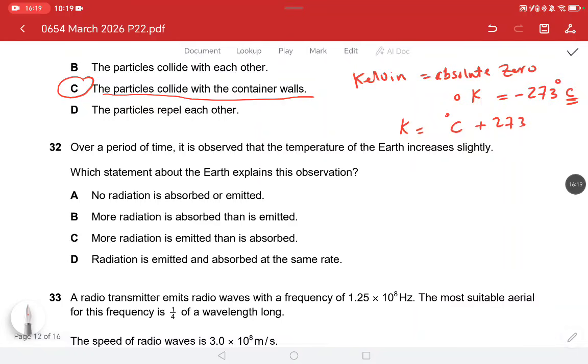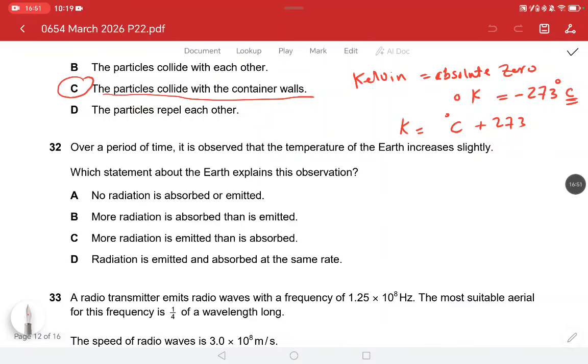Which statement about the Earth explains this observation? Here they are talking about the radiation. Is it more or less absorbed or emitted? Think about it like a bank account. If you spend more than you earn, your balance drops. And if you receive more than you spend, your balance will increase.